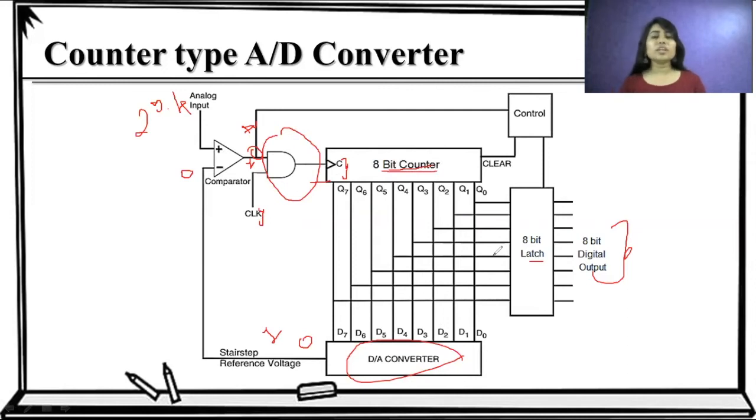Similarly, this 8-bit counter counts the value up to 25. So we have bits like 1 1 0 0 1.